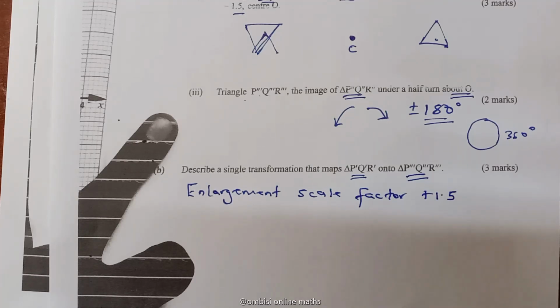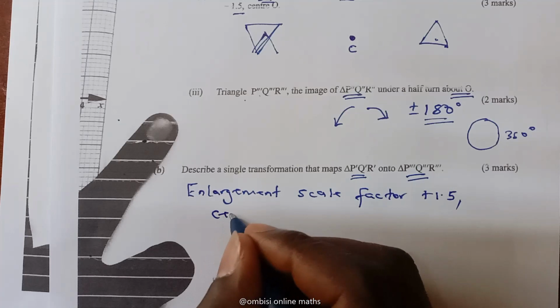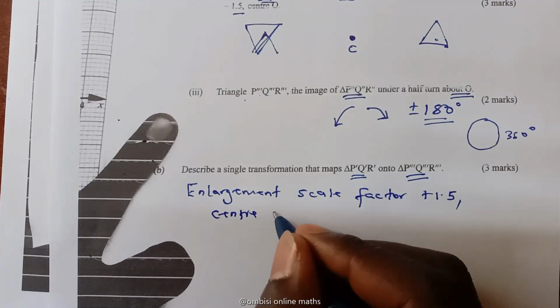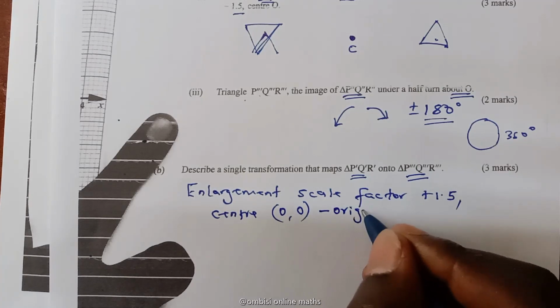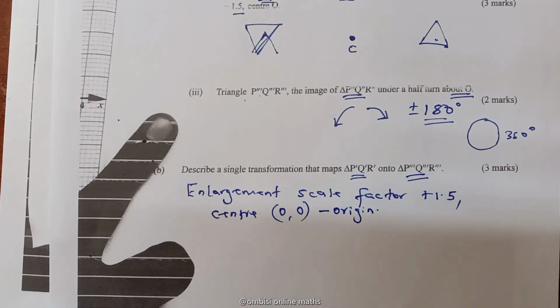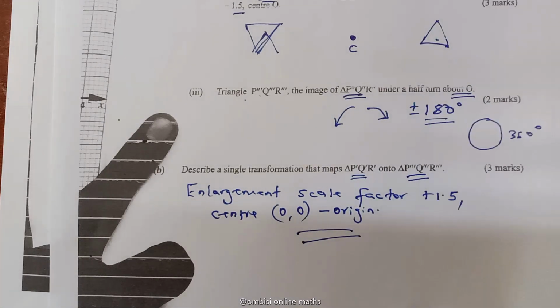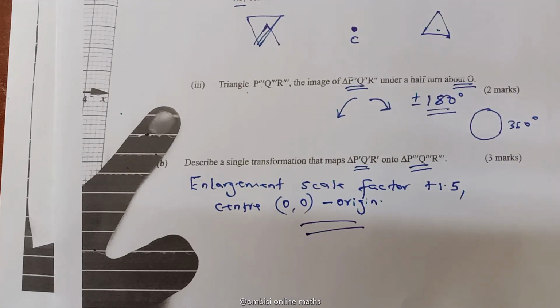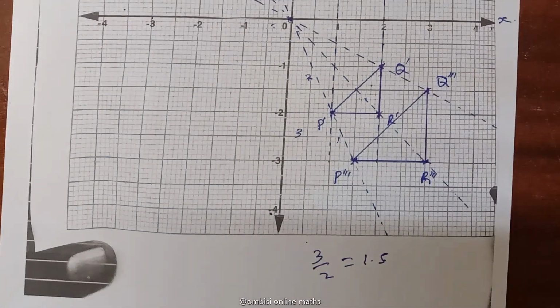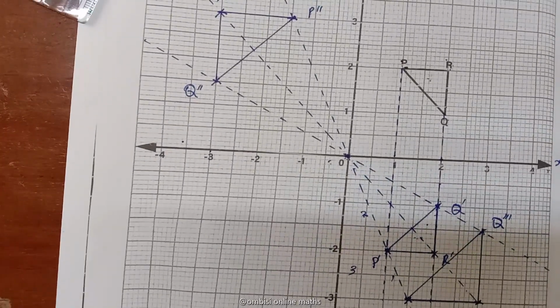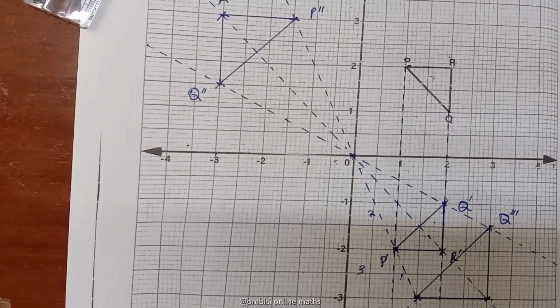Then you state the center of enlargement, center (0, 0), or just say center origin, and that is how question 18 was supposed to be done. Such a very nice question that if you master it very well, you will be able to answer it and get all the marks. Thank you.